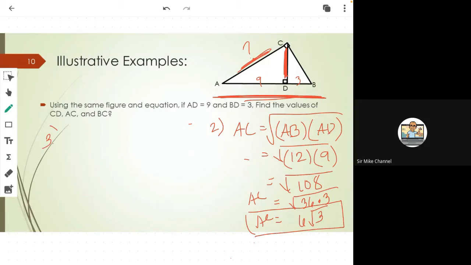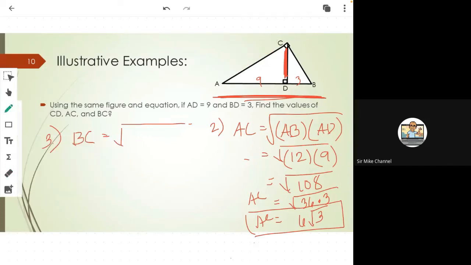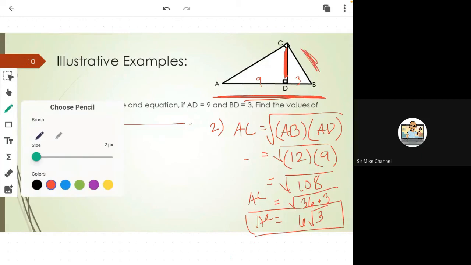Line segment BC. Ano yung formula natin dito? Itong BC natin, itong part na yan. Okay, formula. So what is the formula?